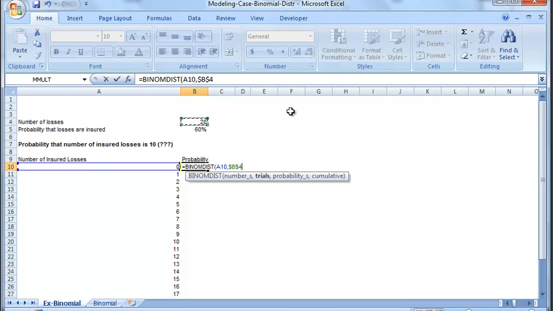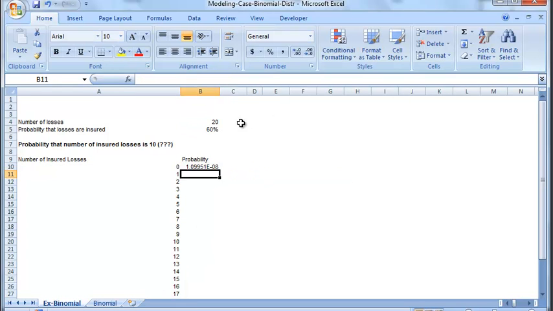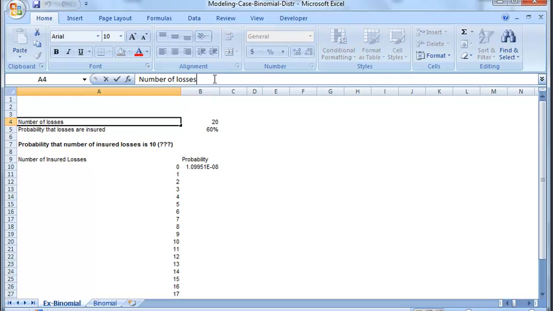So let's freeze it. Then it will require the probability of the event, that is the p-value, and we don't want the cumulative value, so we will set it to 0. This is nothing but the number of losses, this is nothing but n, and this is nothing but p.